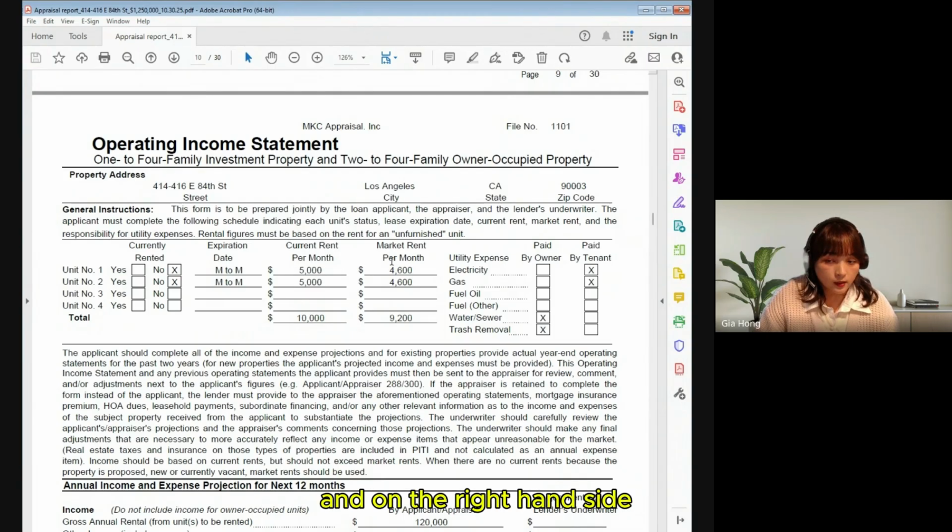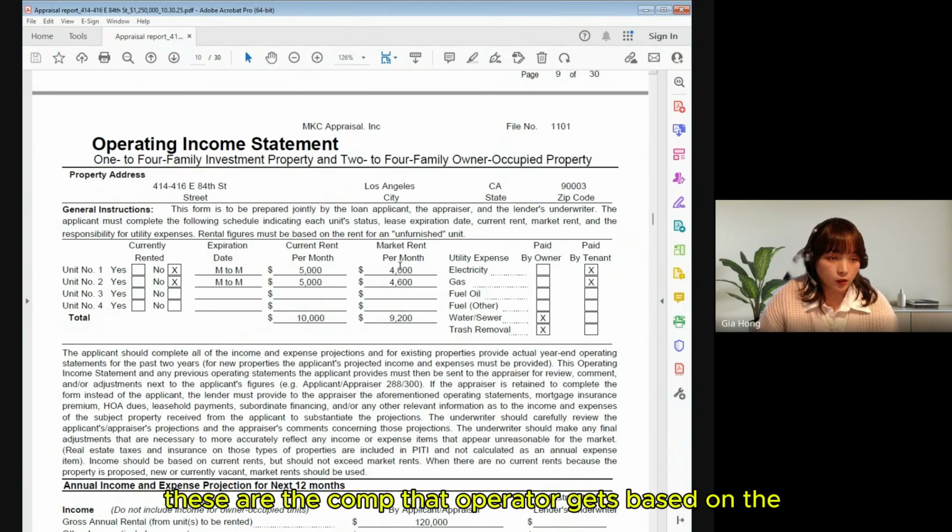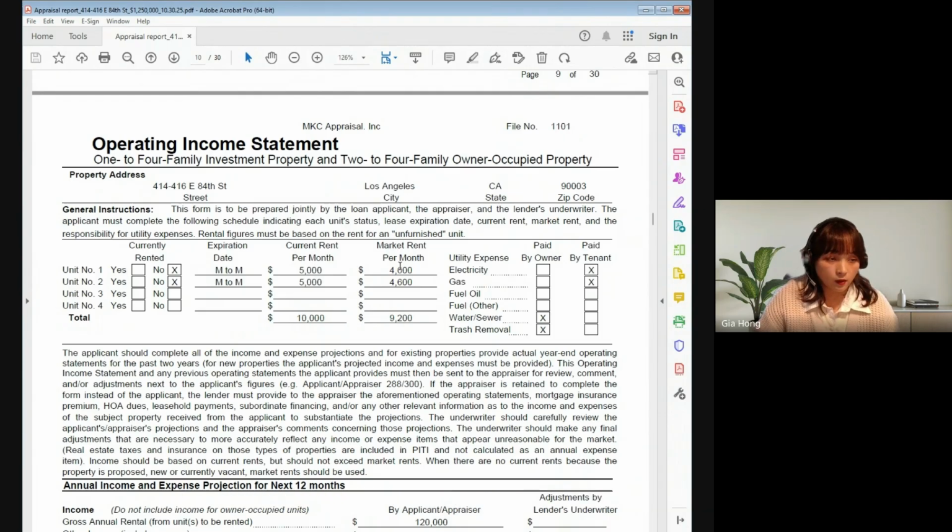And on the right-hand side, there's the market rent per month. These are the comps that the appraiser gets based on the market area, the subject area. So it has to be similar.